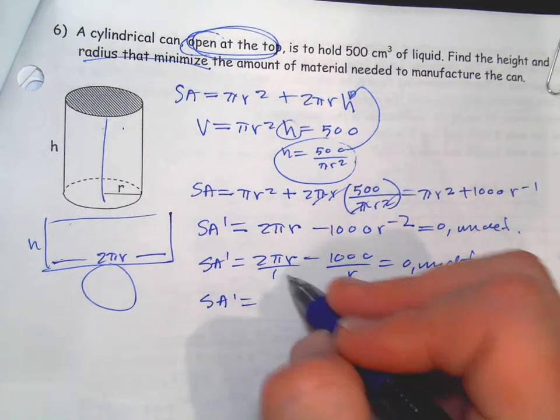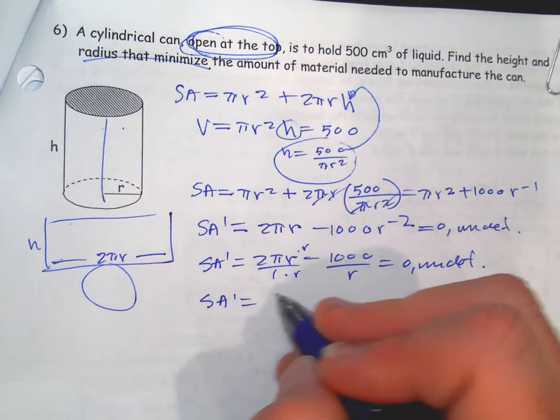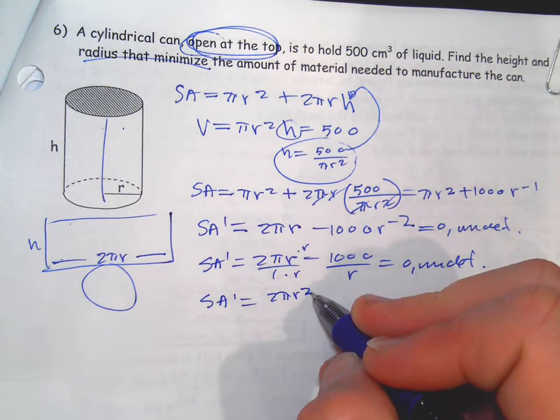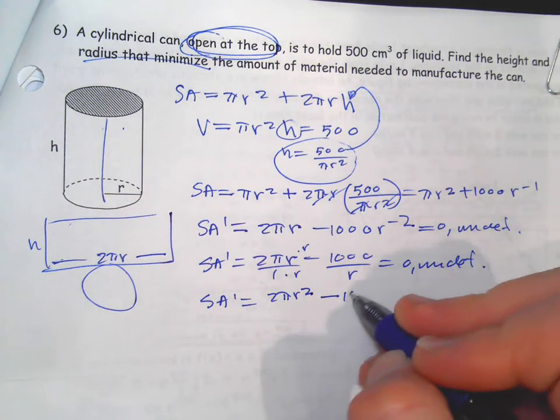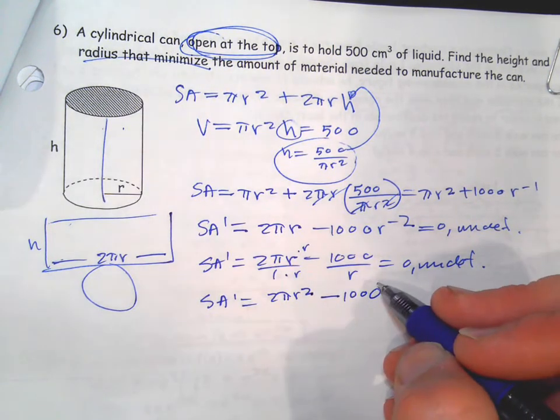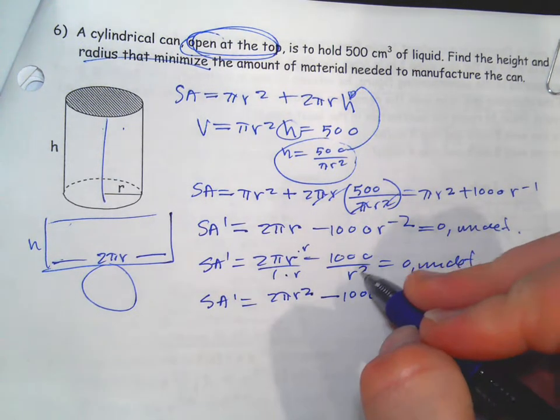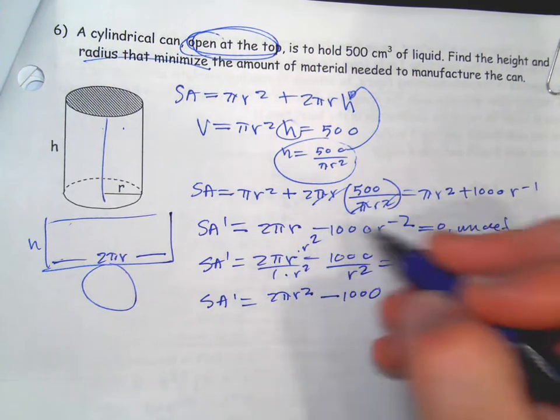So that would be 2 pi r cubed minus 1000 over r squared. Actually, this is supposed to be r squared. So pi r cubed.